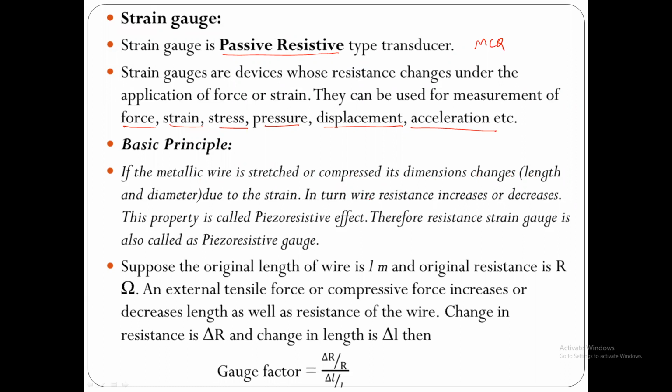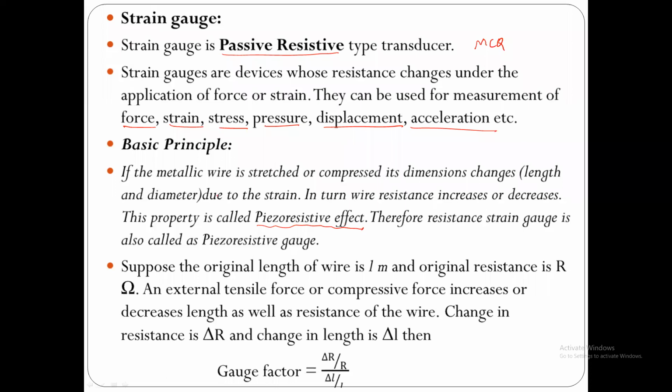It means the length and diameter change due to applied strain. In turn, wire resistance increases or decreases respectively. This property is called the piezoresistive effect. What is called the piezoresistive effect? Therefore, the resistance strain gauge is called a piezoresistive strain gauge.